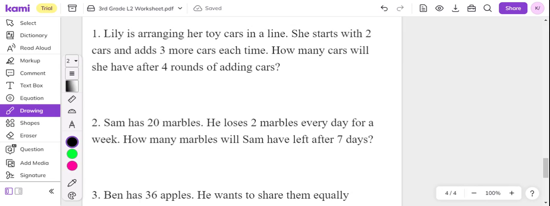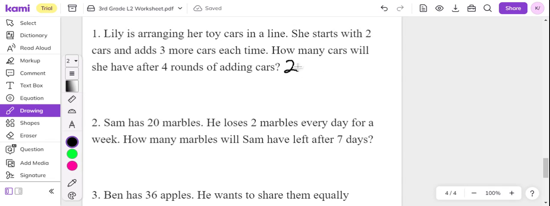Okay, so we have a lot of information here. It says she starts with 2 cars, and she adds 3 cars each time. And now the question is asking how many cars will she have after 4 rounds of adding 3 cars each time.